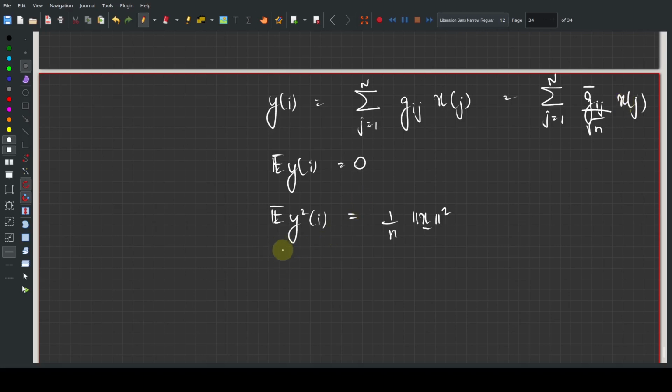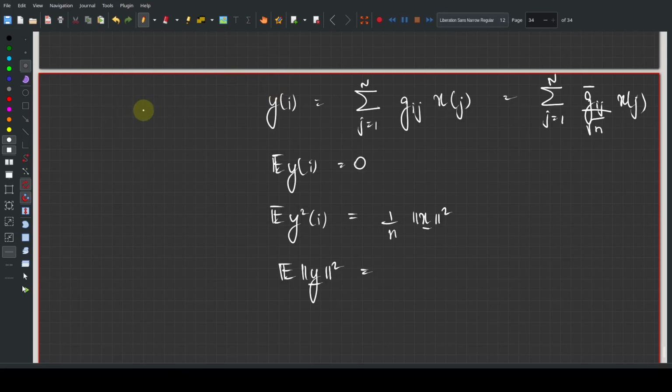Okay, so what can you say about the average norm square of the vector y? Correct. So it's just the square norm.